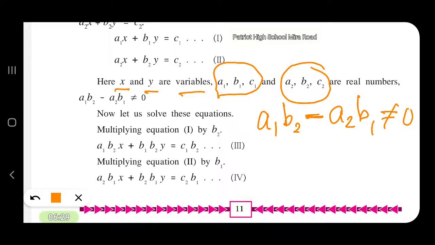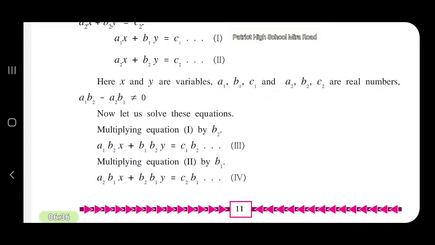Now let us solve these equations. We are going to solve these equations by Cramer's method. So equation 1, we multiply equation 1 by b2.